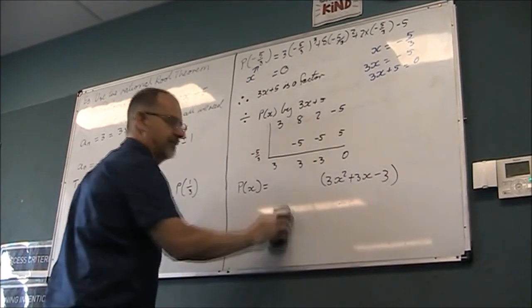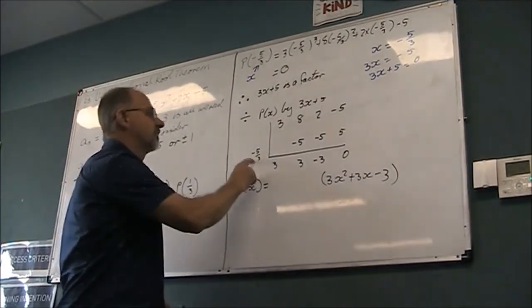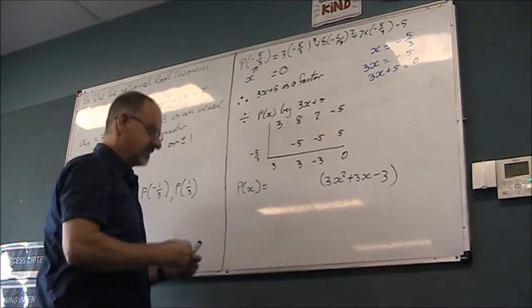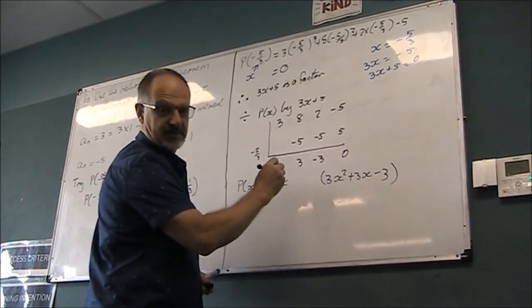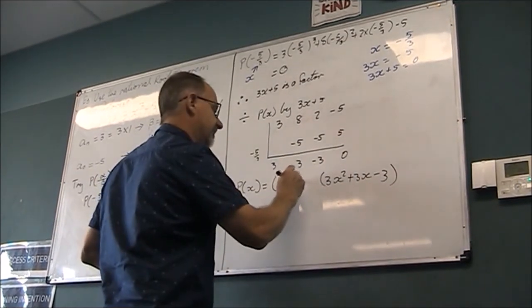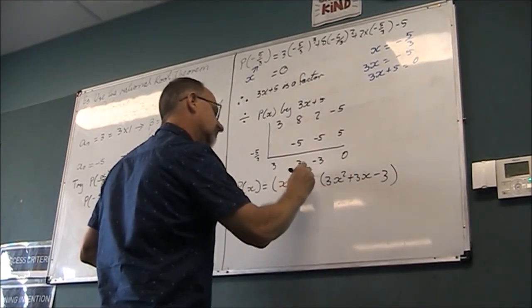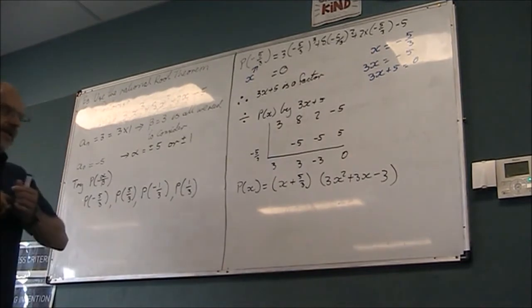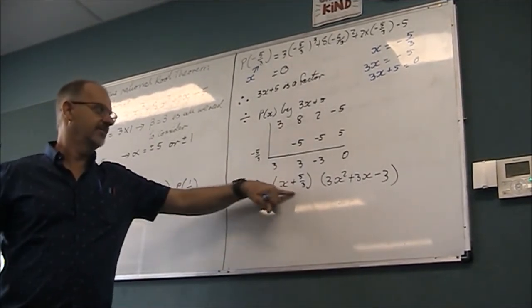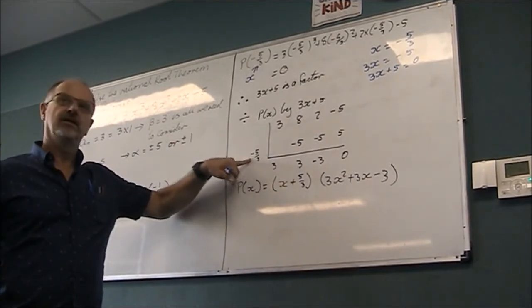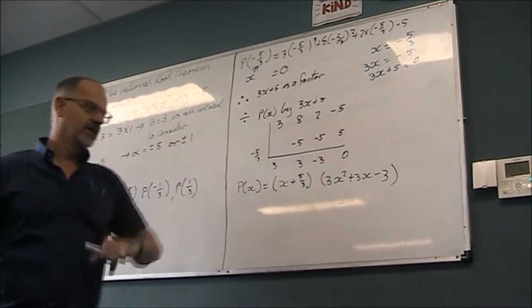Because we put 5 thirds on, so it's x plus 5 thirds. That's what we've used as a factor, sorry. You've got to make sure when you write that there, you use this, not this.